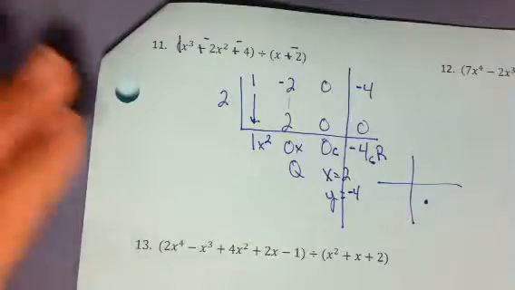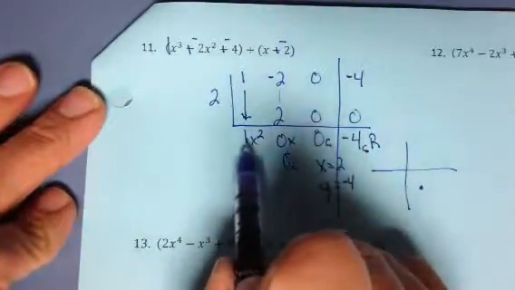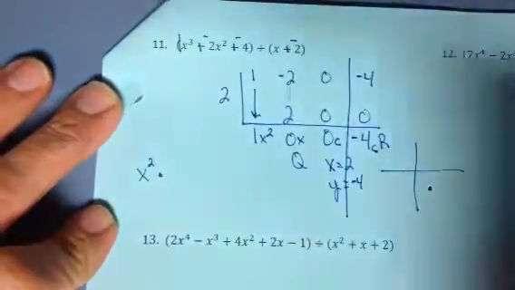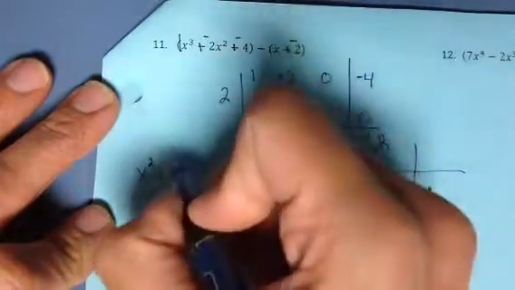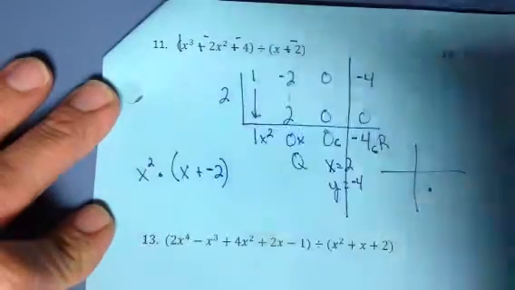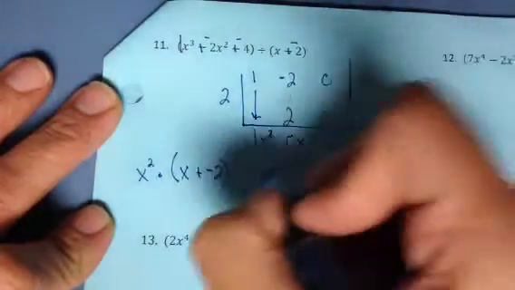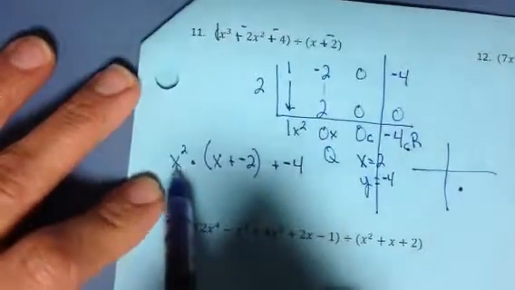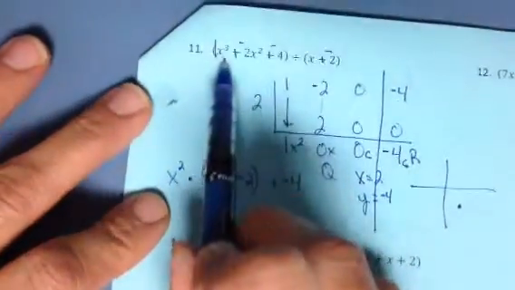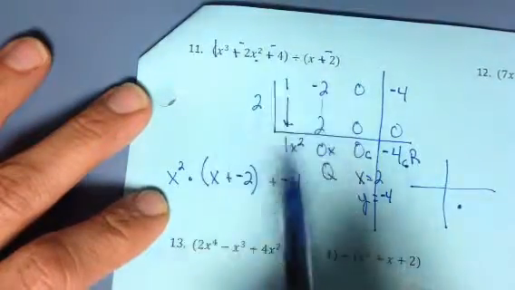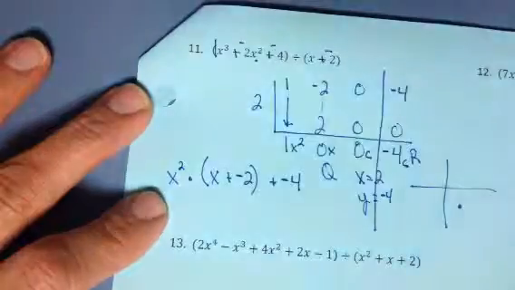So when you write your answer, it's going to be your quotient, which is just x squared, times what we divided by. And then we're going to add our remainder. And if you do this, look, there's x cubed, there's negative 2x squared, and then eventually I'd add on the remainder of negative 4 and you get what you started with.